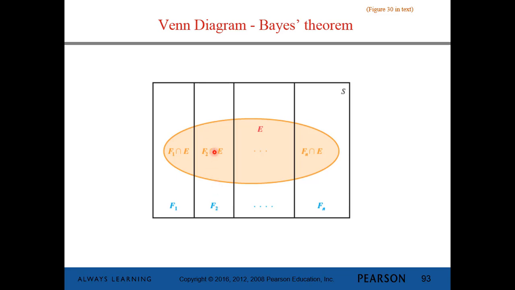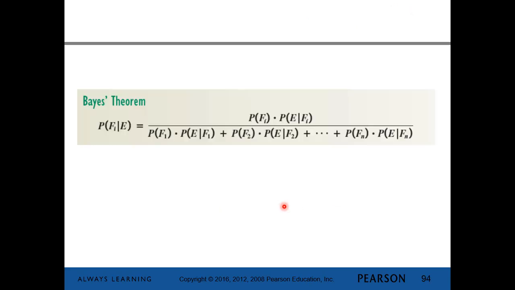We're going to use conditional probability of this one. So it's going to be this piece here, which is the probability of F2 times the probability of E given F2. And then we're going to take all these other pieces and add them together, and that's going to be the denominator. And so this gives us the general formula for Bayes' theorem.